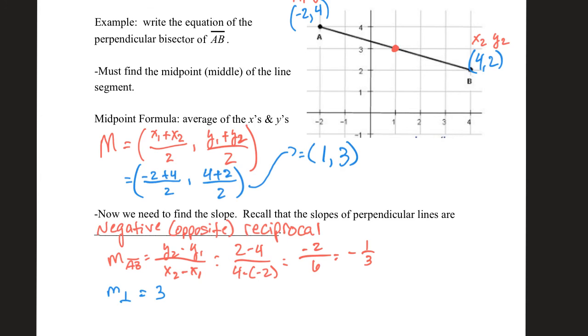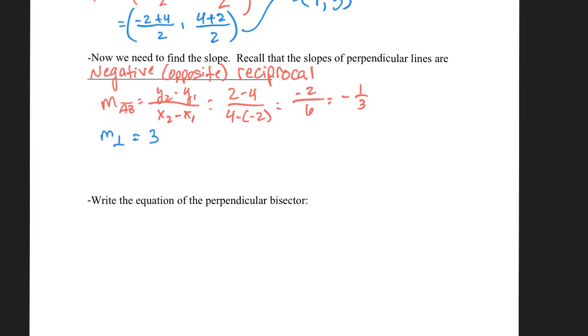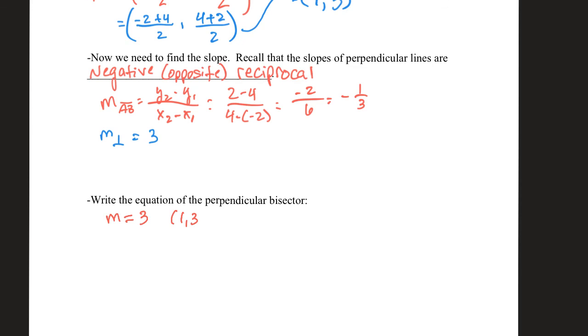So that's my slope. So now it just turns into the questions that you've been answering about perpendicular and parallel slopes. So in essence, this last question is now asking you: what is the equation of the line that has a slope of 3 and passes through the point 1, 3? And this we've done before.